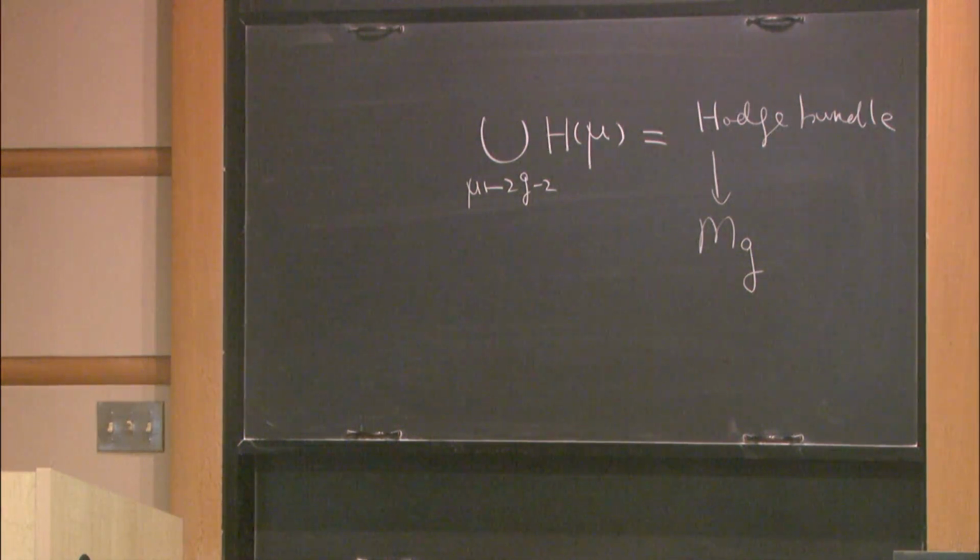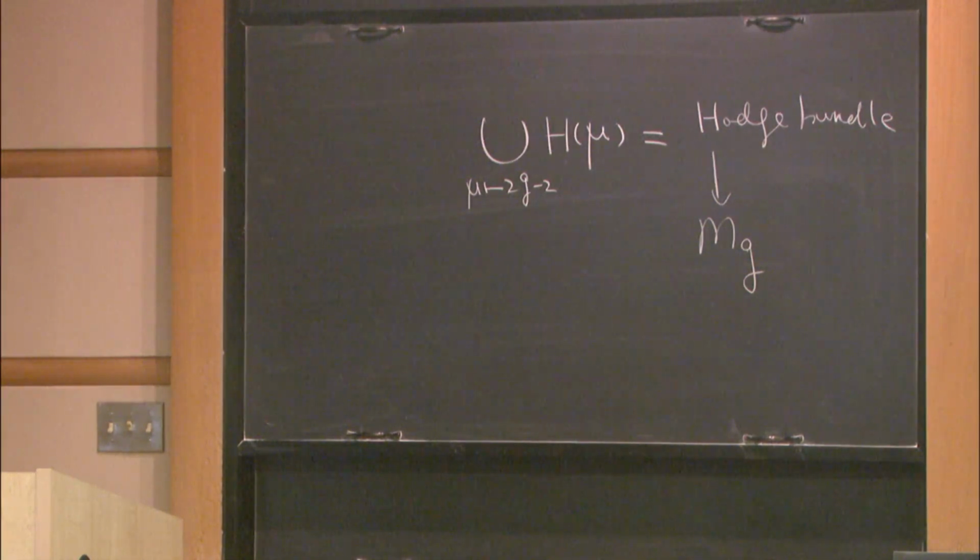I'll get a double zero. That means the signature specializes from 1, 1, 1, 1 to 2, 1, 1. So I get to the next stratum. From then on, I could either merge a double zero with a simple zero, I get 3, 1, or I could merge another two simple zeros, I get 2, 2. In other words, the specialization of the partitions induces the stratification of the Hodge bundle.